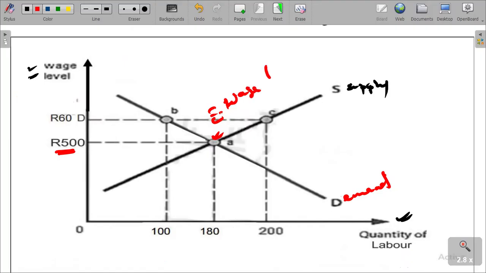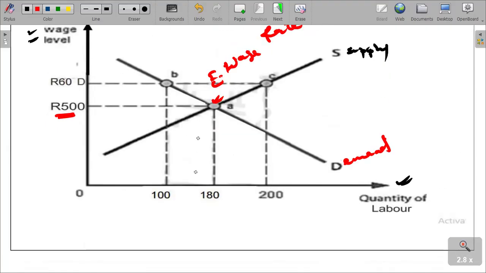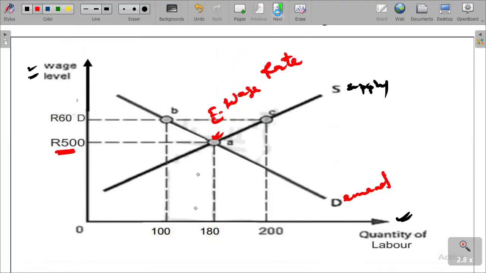Our equilibrium wage rate is the point of intersection of demand and supply, which is 500. That is given in this case.